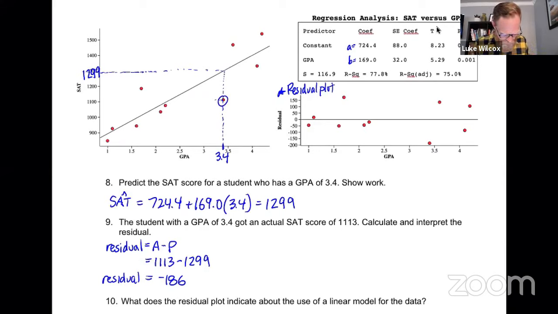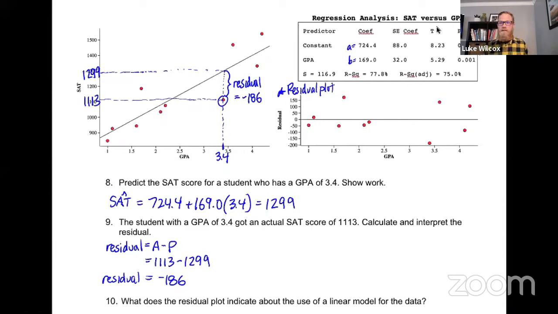And sure enough, if you follow that over to the Y-axis, it seems reasonable that that student's actual score was 1113, right? And what we're finding now is the difference between the predicted value and the actual value. And what we're getting is the residual. And so we're saying that this residual is equal to negative 186.